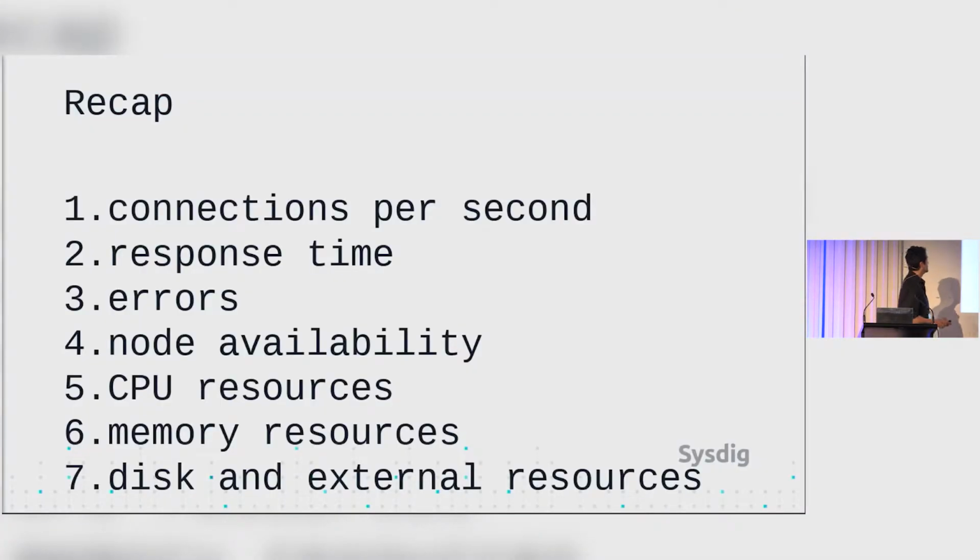So I want to recap all the metrics that we believe are essential and that our customers are using in large environments running Kubernetes. That would be, again, connections per second, response time, and errors. These are your applications. Node availability, CPU resources, memory, disk and external resources.